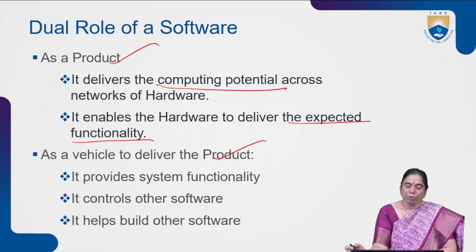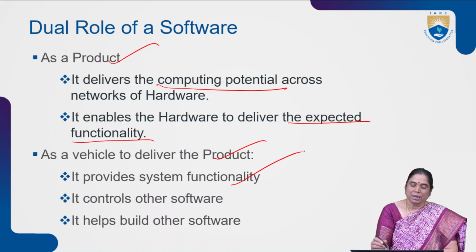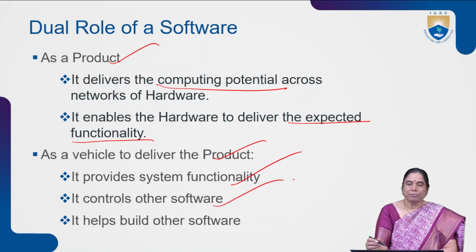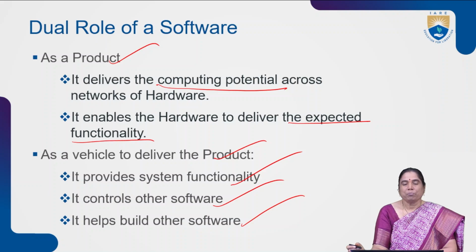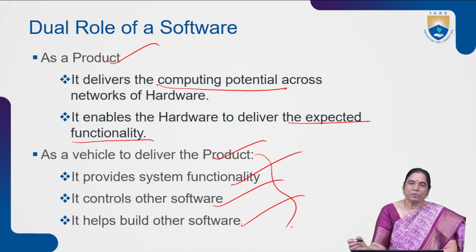In this, the software provides system functionality, it controls other software, it helps build other software. So the software is majorly focusing on solving a specific objective or functionality, as a vehicle to deliver the product to serve the customers.